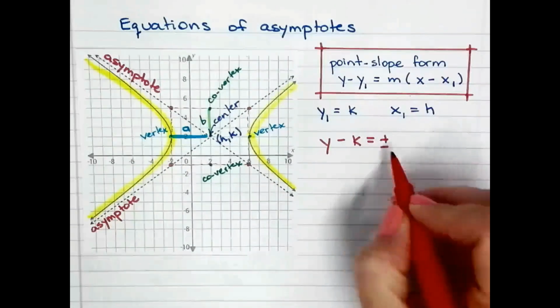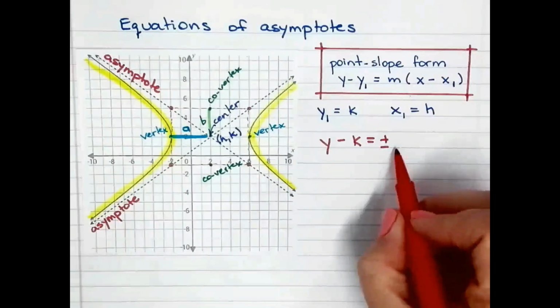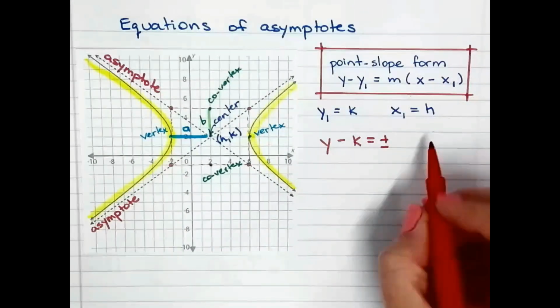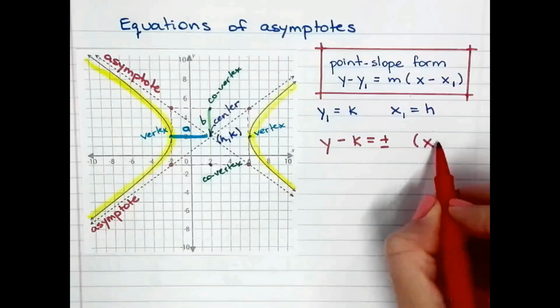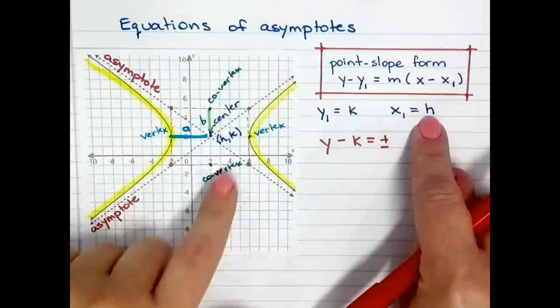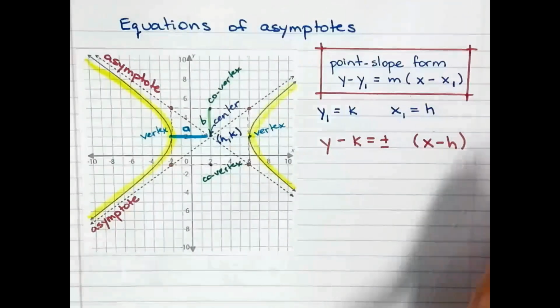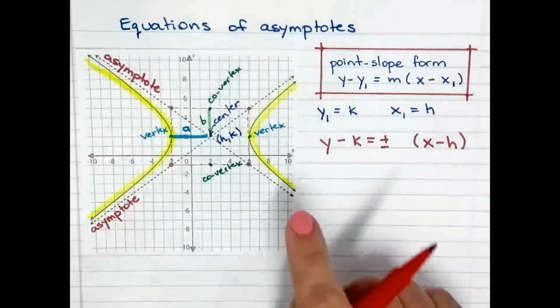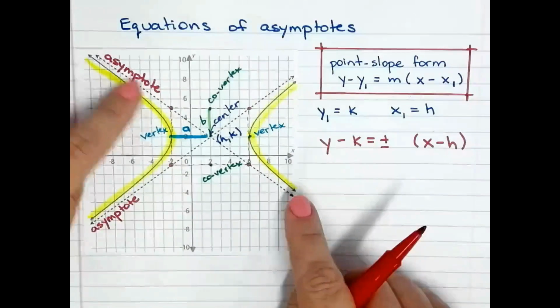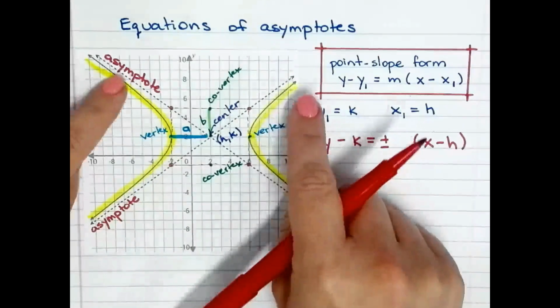So positive and negative slope. I don't know what the slope is yet, so leave it alone for now. So x minus x1, I will use h from the vertex. So h right there. Now, we need to be able to identify the proper orientation of the hyperbola.